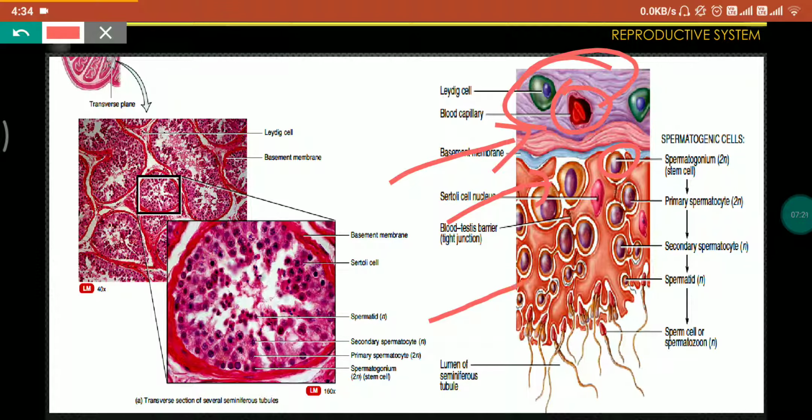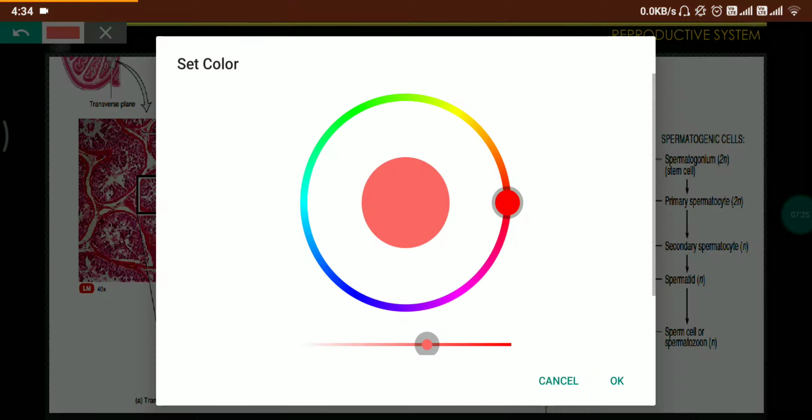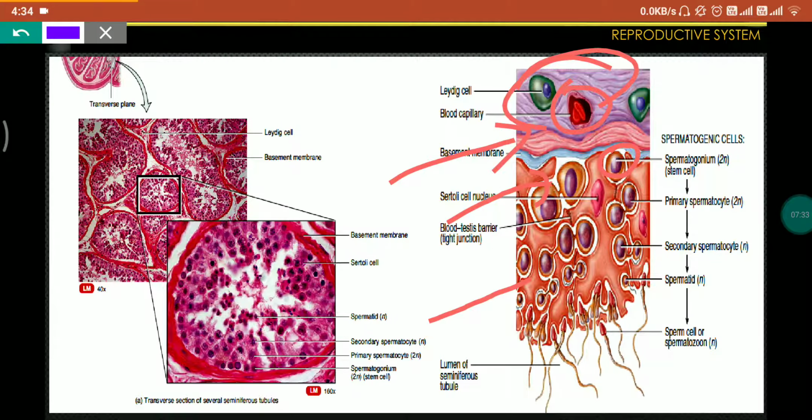These are all Sertoli cells, and these Sertoli cells form tight junctions, and these are sperm cells which are present in the core of the seminiferous tubule.